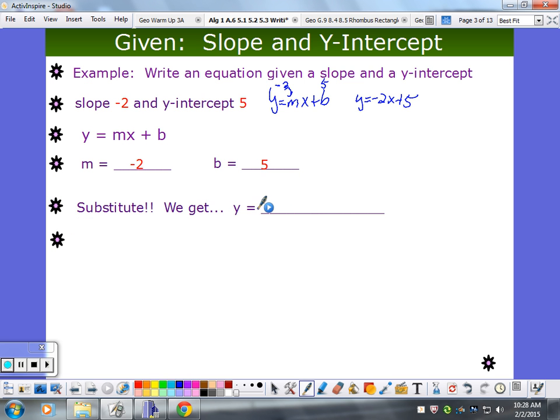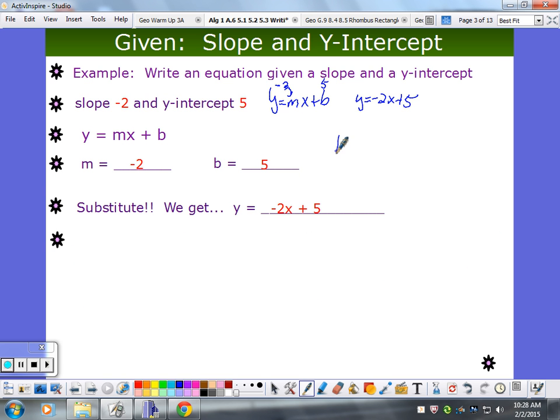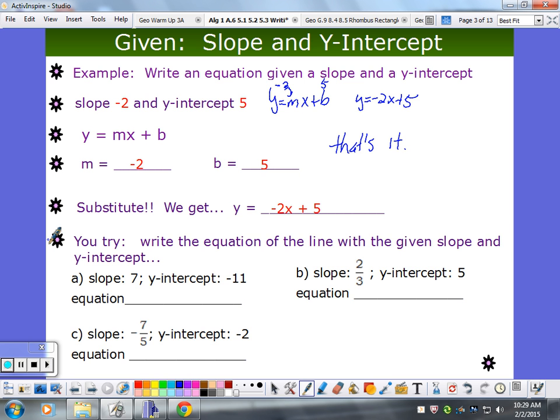That's it. If you know the slope and you know the y-intercept, you just plug it right into y equals mx plus b, and that's why the u-tries are here already. So the u-tries are right near the top of the page. Go ahead and fill them in.